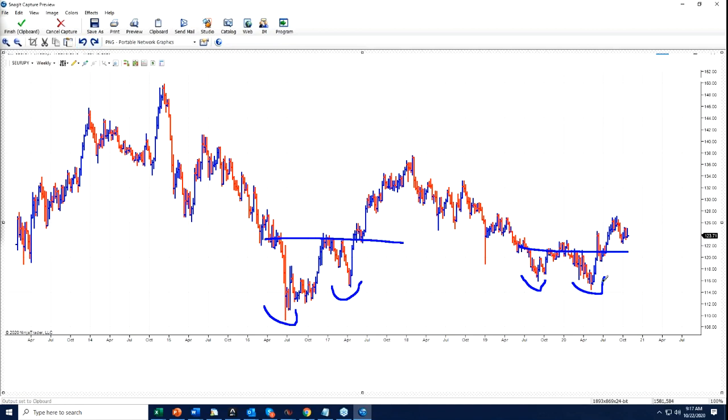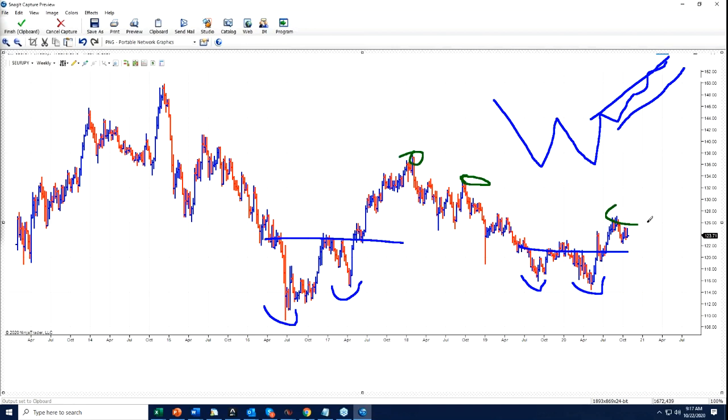But to my mind, when you make a bottom, you should then make a series of higher lows and higher highs. But what we see here is that after we have these bottoms, you have a series of lower highs. So that's not consistent with a rising market. That's not consistent with how this pattern should work.